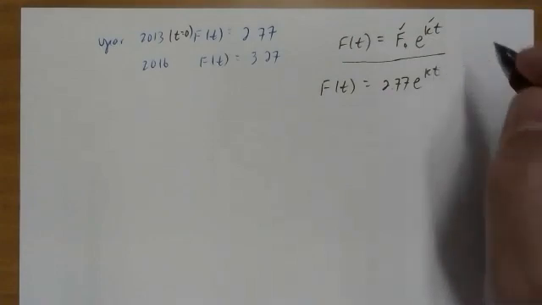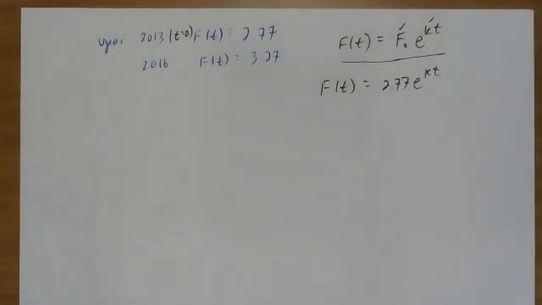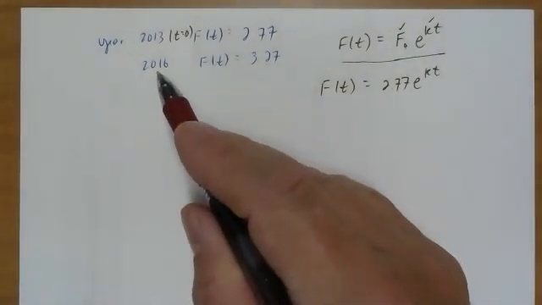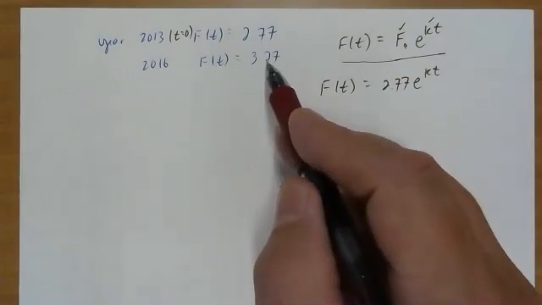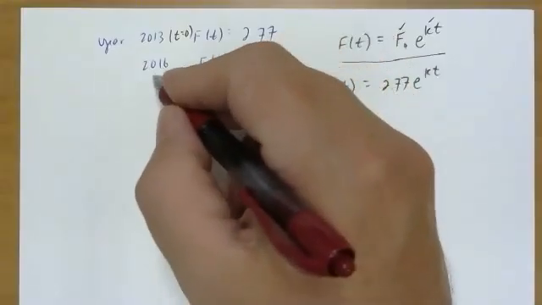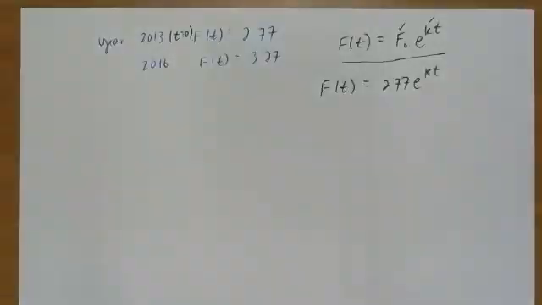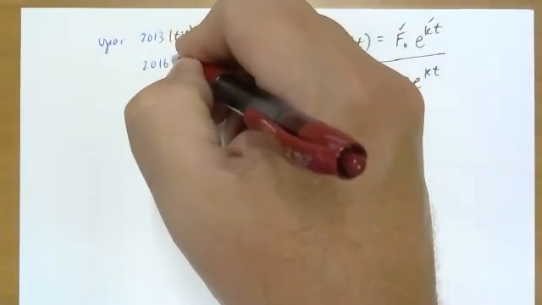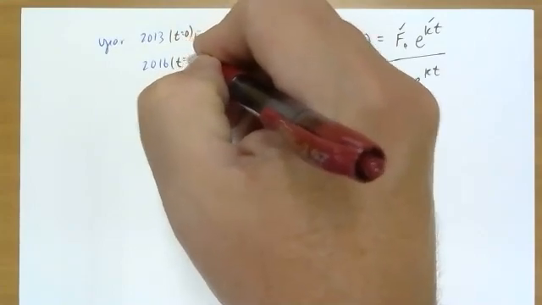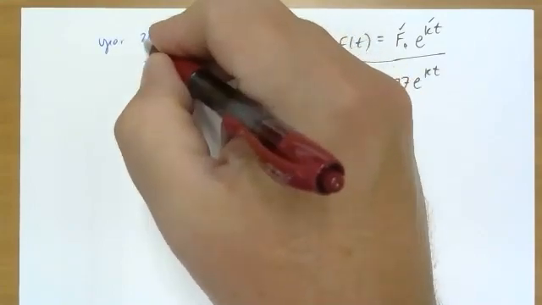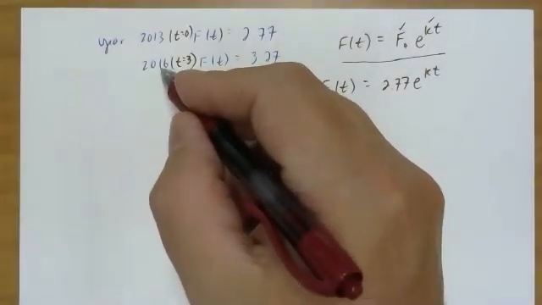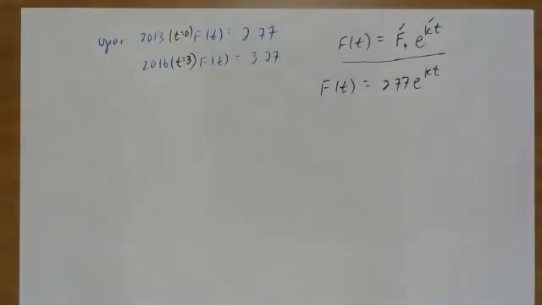Well, I don't know k right off. Here's what I'm going to do. Because they told me the amount of money in the year 2016, I can use this information to figure out k. So first of all, for the year 2016, what would t be? Well, t would be 3, right? If 2013 is year 0, 2016 is 3 years later, so t is 3.